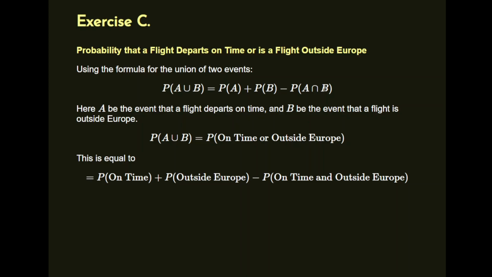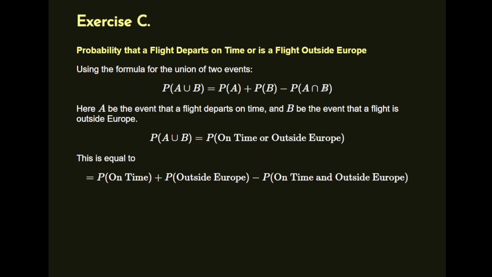So there are two things we're asked here. It either departs on time or it's a flight outside Europe. Now the flights outside Europe can include the ones that are late. So it's or. That or is a very important word there.